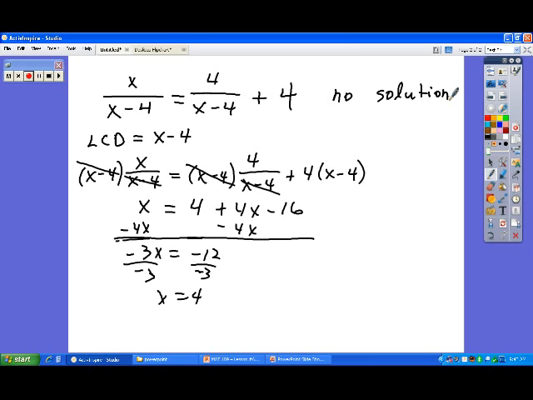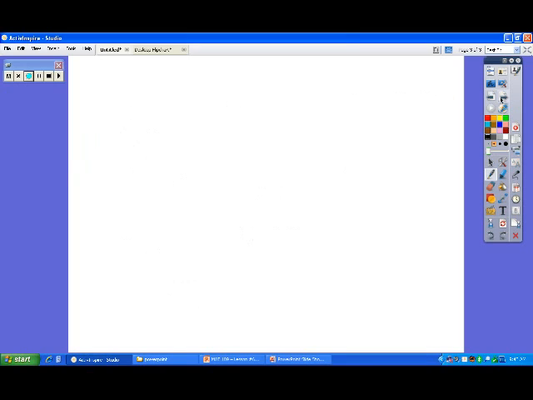You need to use the fewest number of factors to keep your polynomials as small as possible. So find your LCD, multiply the entire equation by that, solve the resulting equation, check your answer. Those are the steps you have to go through. Okay, another one.